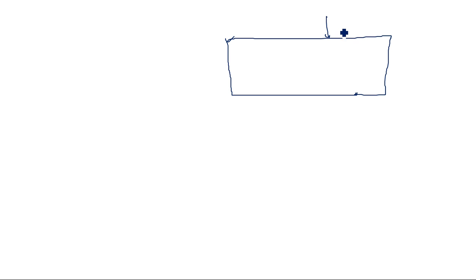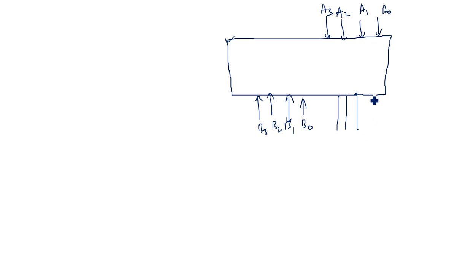Suppose I draw a rough diagram here: an 8-bit parallel adder using two 4-bit parallel adders. This is A3, A2, A1, A0, and this is B3, B2, B1 and B0, and the sum is generated from this first IC, IC1, 74LS83, and the carry initially is 0 here.